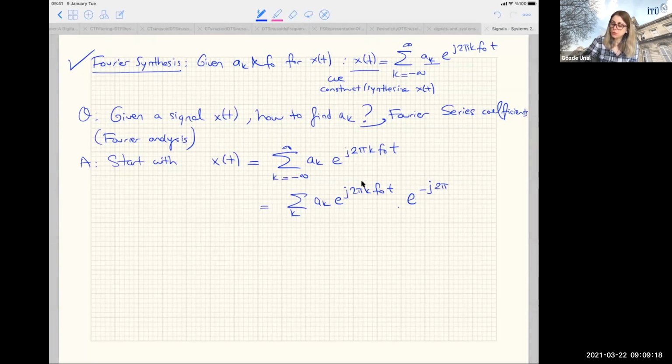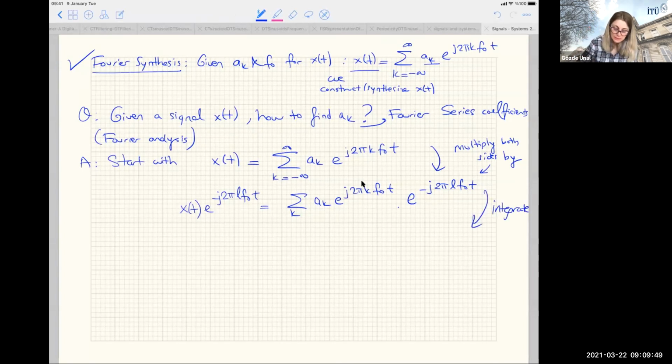We multiply both sides by the complex conjugate of the basis function, so I need to do that on the left hand side too. Now integrate in one period, that's important, guys, from 0 to T0, here also 0 to T0, x of t e to the minus j 2 pi l f0 t dt.